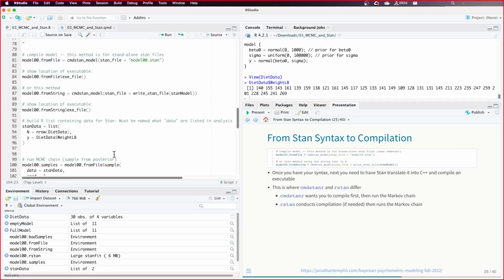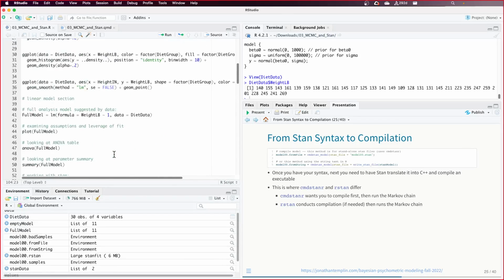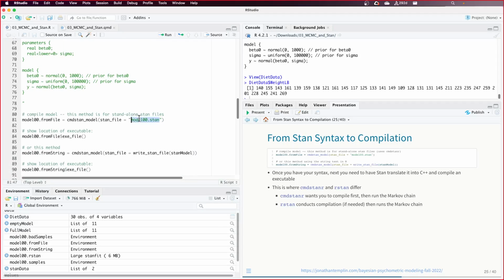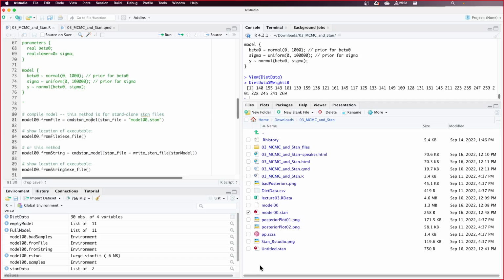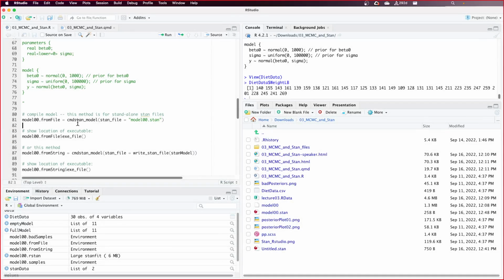And that's where the CmdStanR stuff works best. So up here, when you have a file somewhere and you've loaded the CmdStanR library, you tell it Stan model, and you tell it the file.